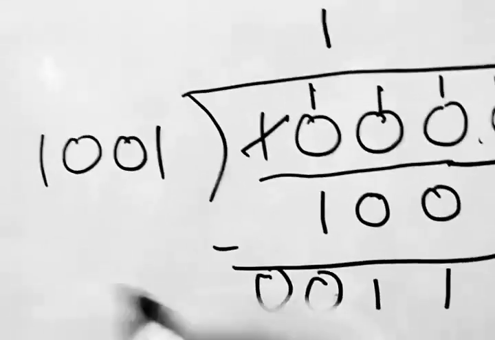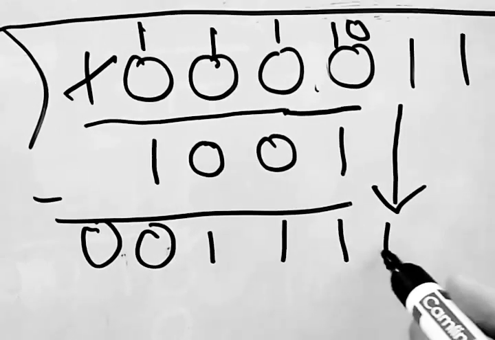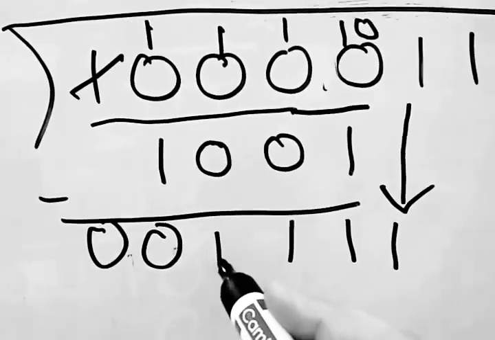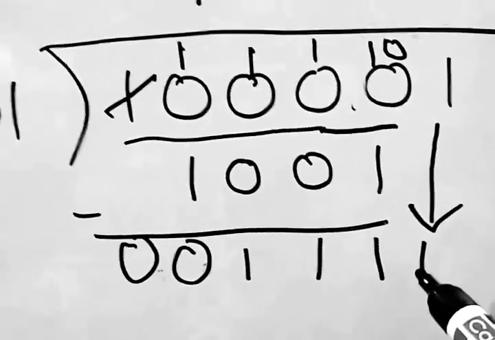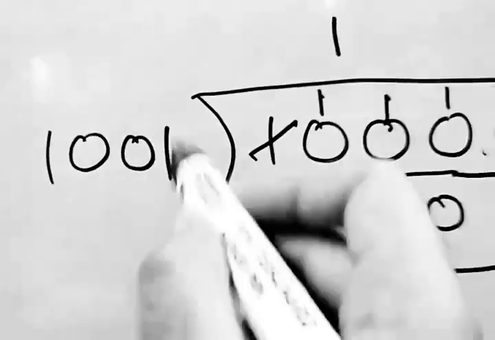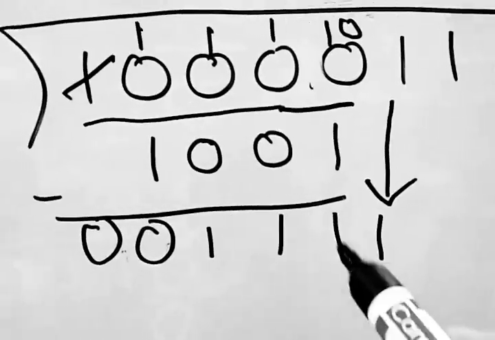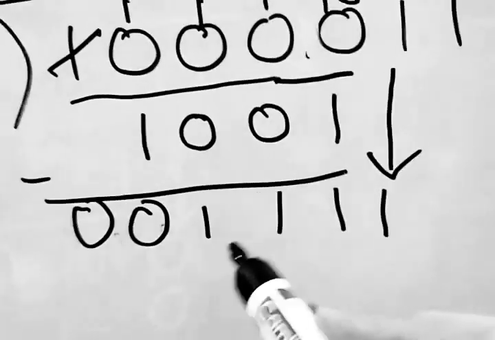1111 is greater than 1001. We can understand from the digits only. It has 1 1 1 1. All are 1, so the weight is greater, and here 2 zeros are there in between, so obviously it should be lesser than this number. By seeing only we can tell. So this 1001 is less than 1111.